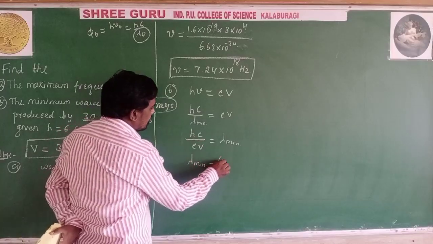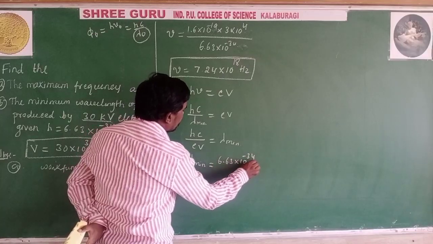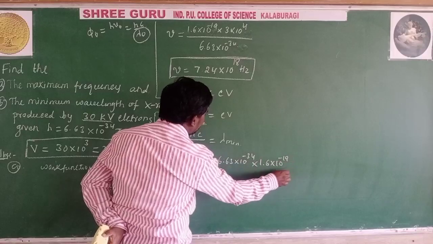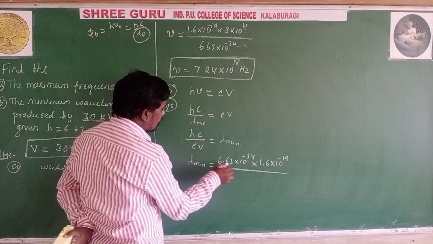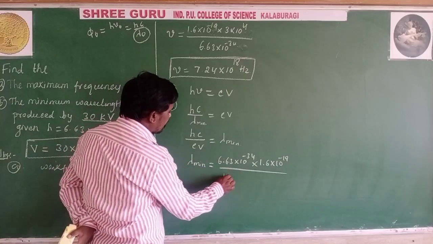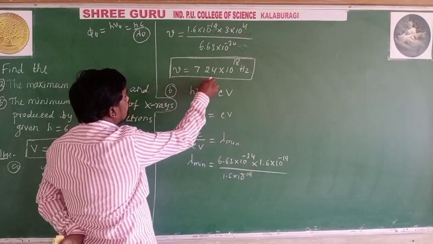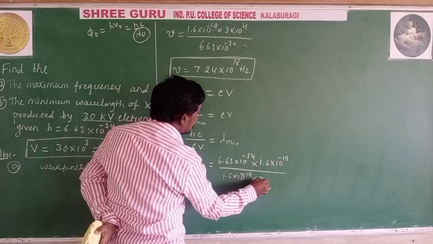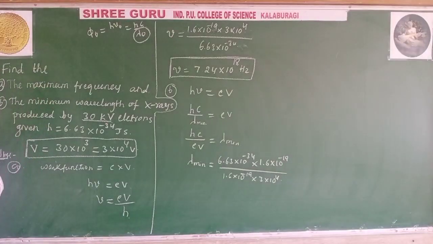What is h? 6.63 into 10 raised to minus 34, and e is 1.6 into 10 raised to minus 19 coulomb. In terms of electron volt, already we got the value of electron volt, directly substitute, or this is 3 into 10 to the power 4. Just calculate yourself.